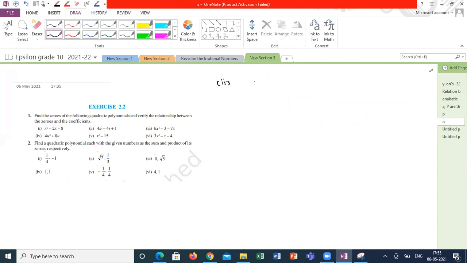So second question, 4s square minus 4s plus 1. So how to split the middle term? What is my sum? Sum is minus 4s. Product is how much? Product is 4s square into plus 1, that is 4s square.